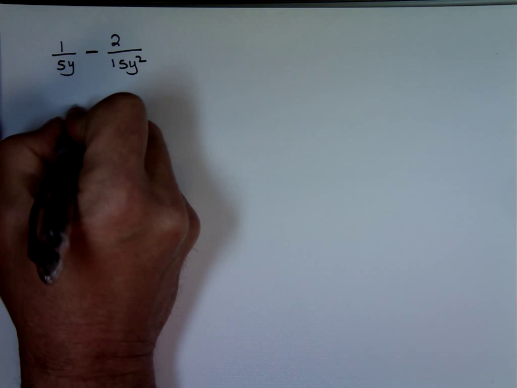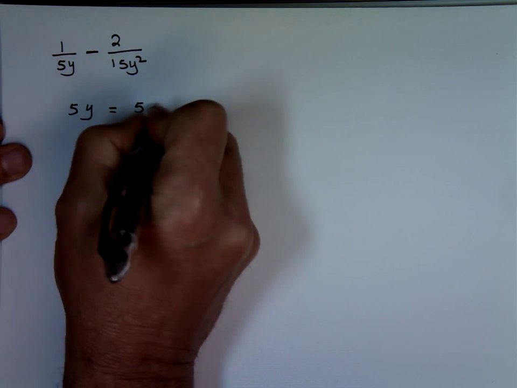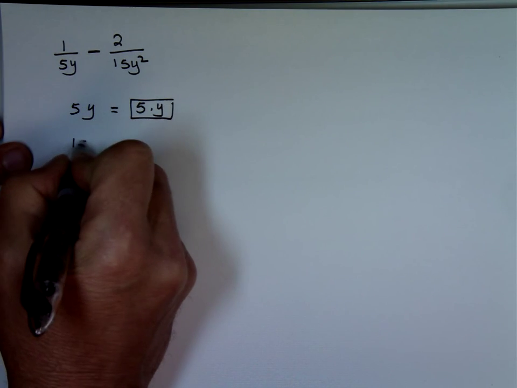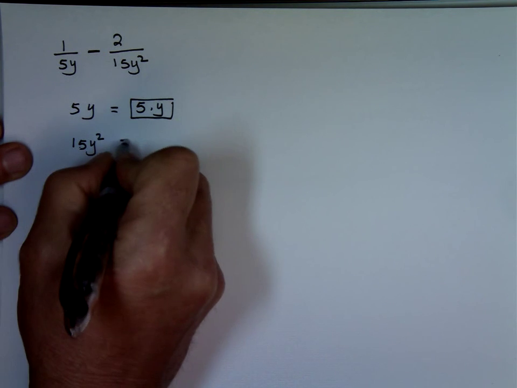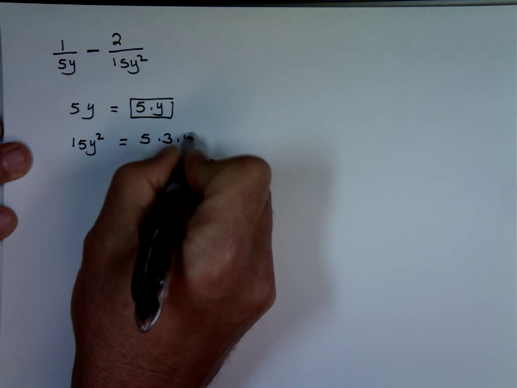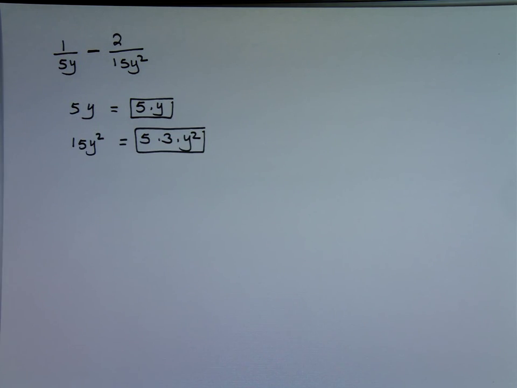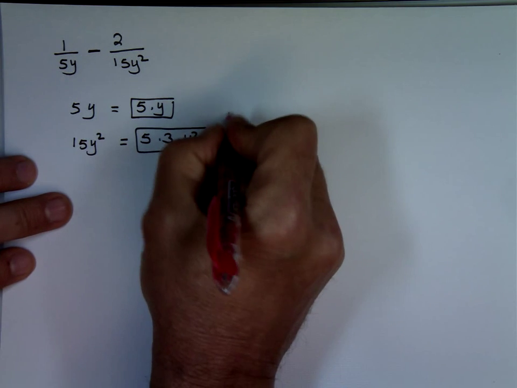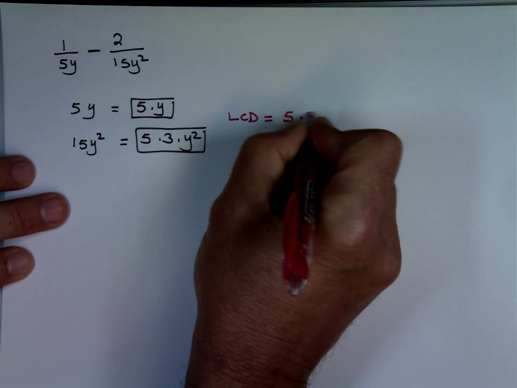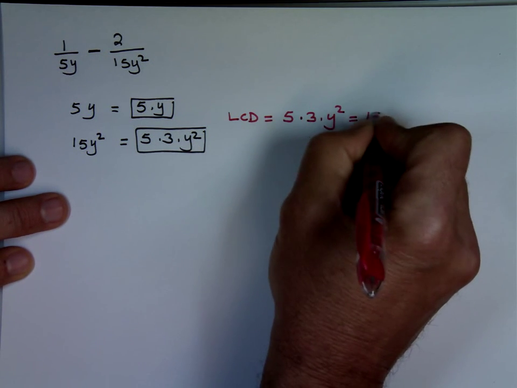The 5y, it's 5 times y. The 15y squared is 5 times 3 times y squared. And my LCD is the multiplication of all these different factors, each of them raised to its highest power. 15y squared.